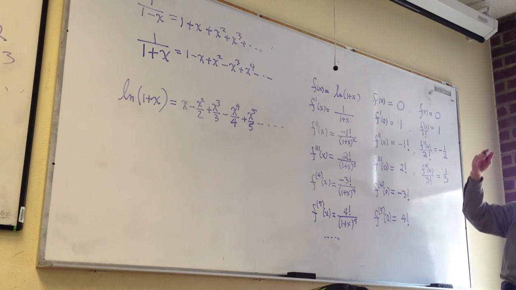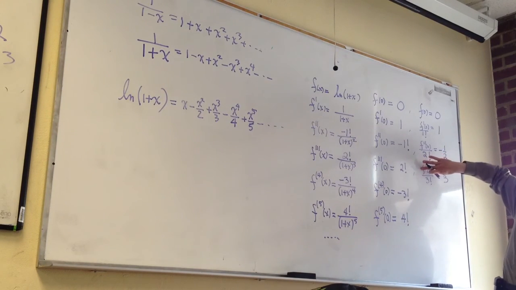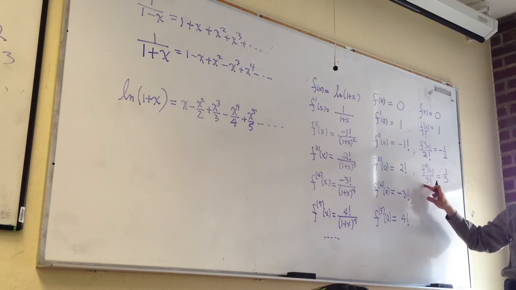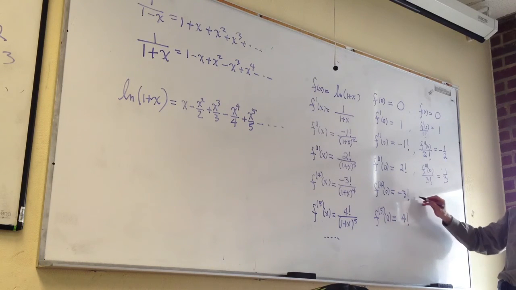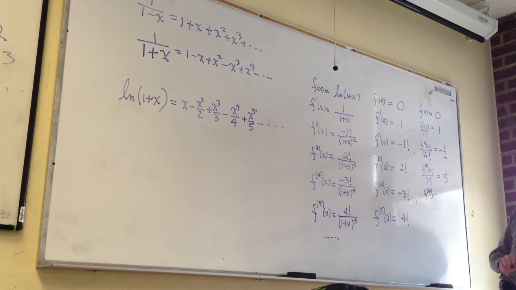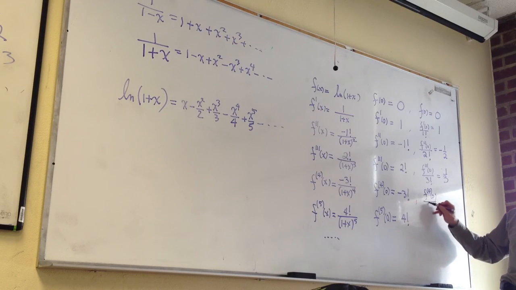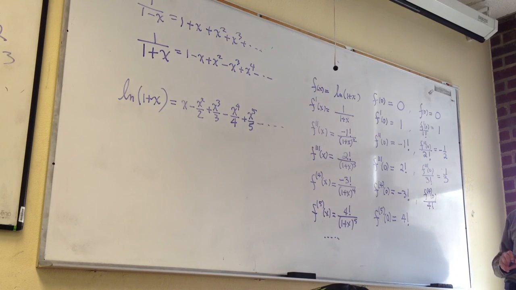What is 2 factorial? This one is 2 factorial divided by 3 factorial. That's the extra factor. Is that right? Extra factor of 3. Cancel out, you get 1/3. This one, it's the 4th derivative at 0. That's negative 3 factorial already. You're supposed to divide by 4 factorial, right?